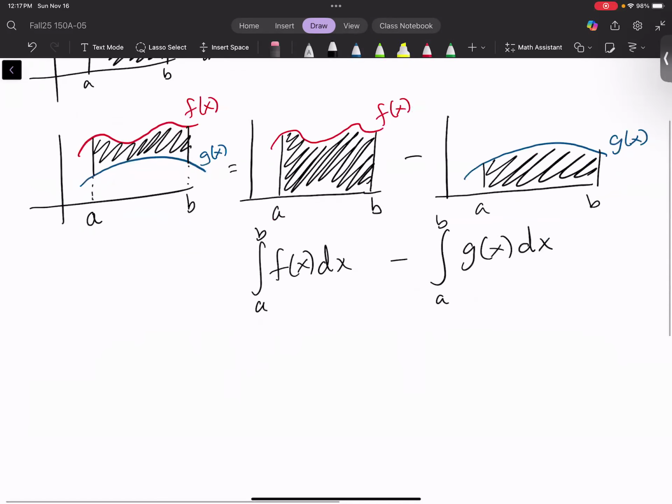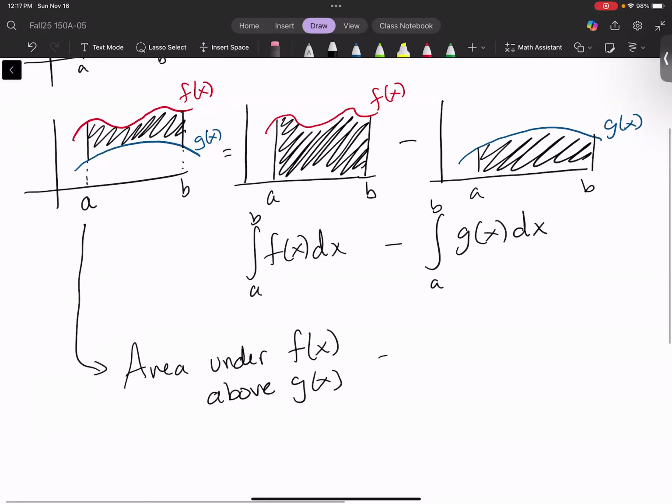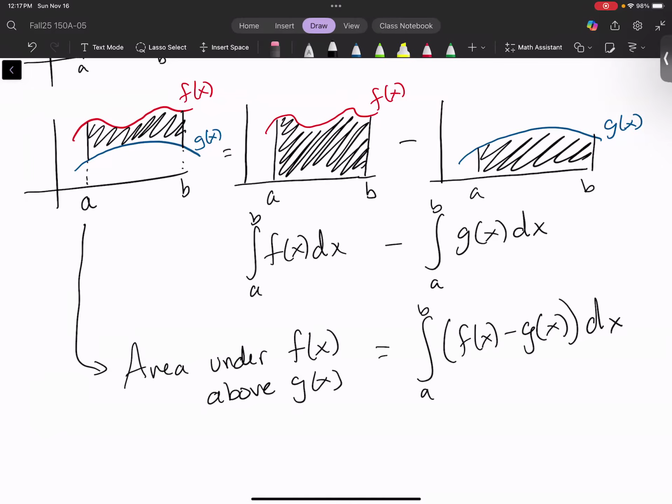So the area under f of x and above g of x, the area between the two, is really just the integral from a to b of f of x minus g of x. I can combine those two integrals into f of x minus g of x.